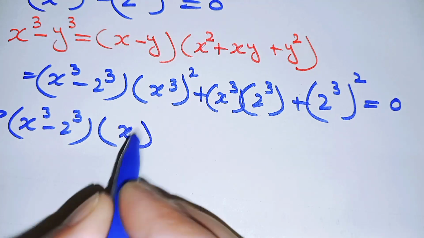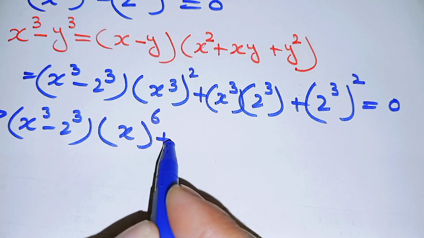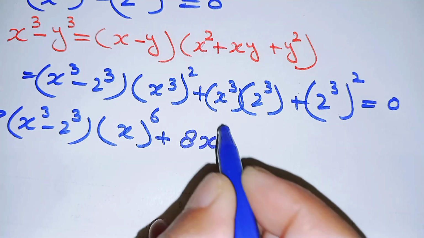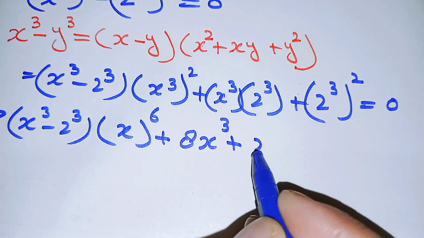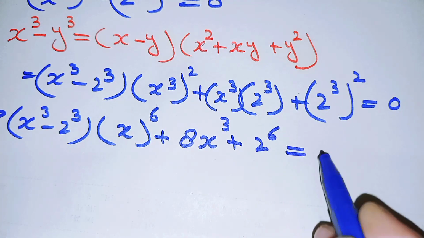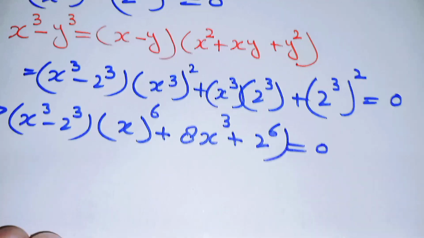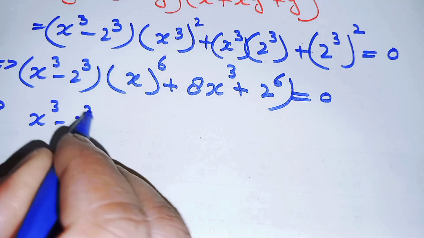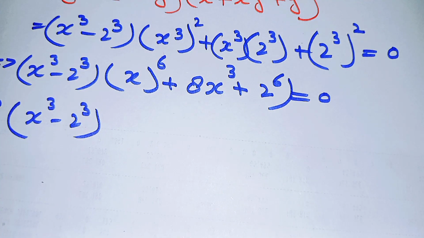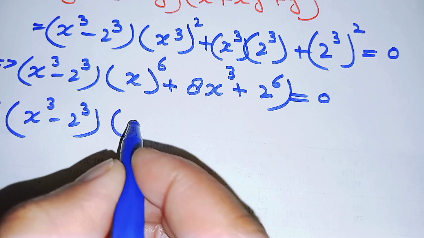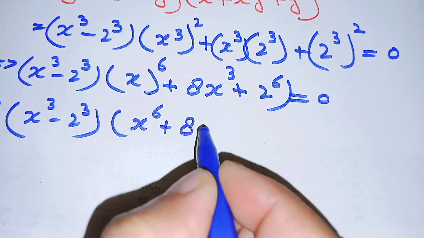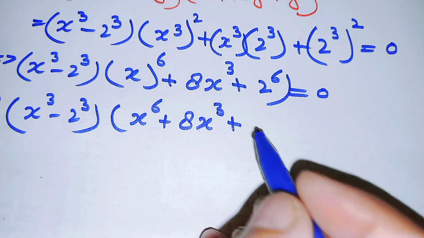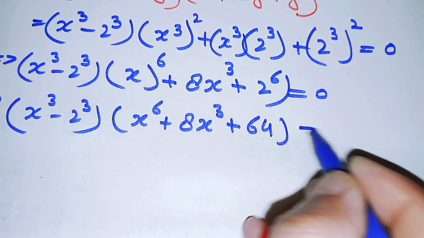So x to the power of 3 times 2 is 6, then plus 2 cube times x cube is 8x cube, and then plus 2 with exponents multiplied, 2 to the power of 6, is equal to 64, and this is equal to 0.